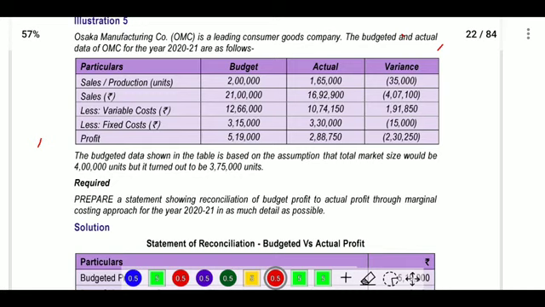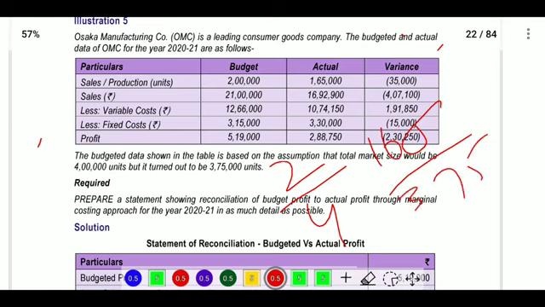Budgeted market share: 2 lakh was budgeted against a market of 4 lakh, and actually 1,65,000 divided by 3,75,000 is the actual position. So they budgeted for 2 lakhs, actually it was 1,65,000, and the total market size assumption was 4 lakh, which turned out to be 3,75,000.